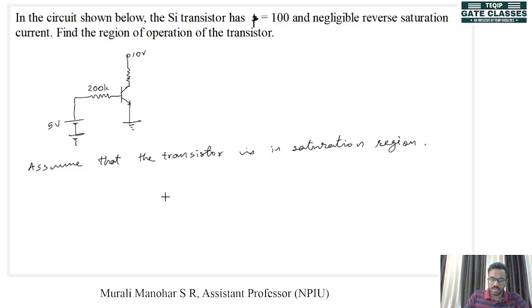Okay, in this case we know that VBE sat will be equal to 0.8 and VCE sat will be equal to 0.2 volt.